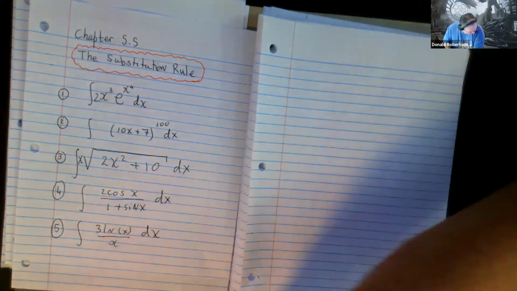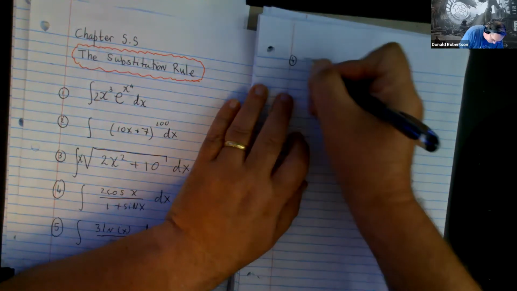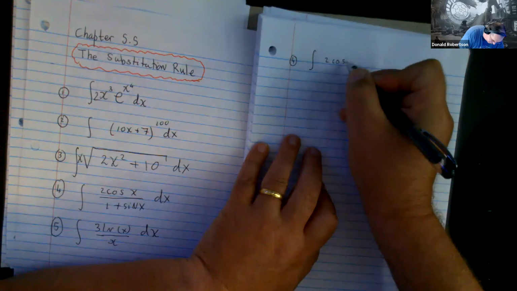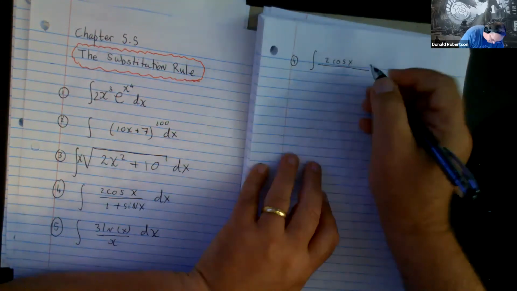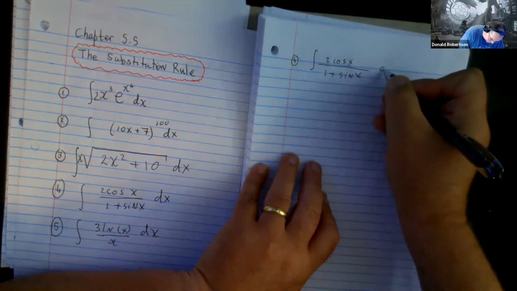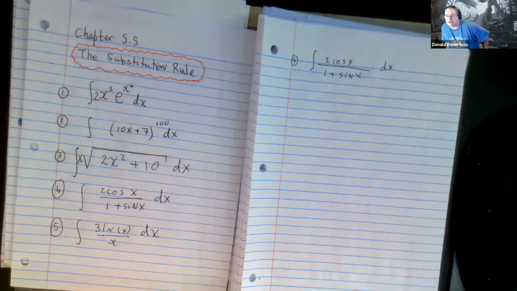Who's my next guy on my list? Here we go. Number 4. This technique is so adaptable. So many different functions that look quite different from each other. You can still use the technique of substitution to integrate them.